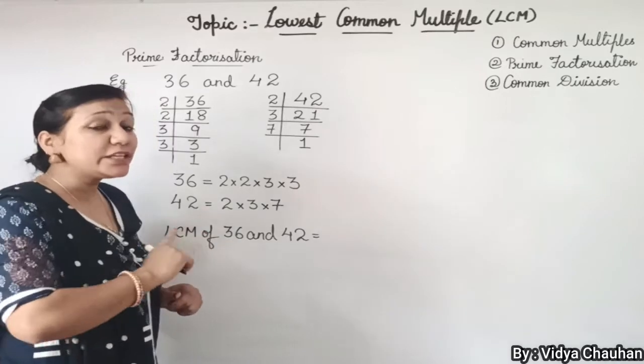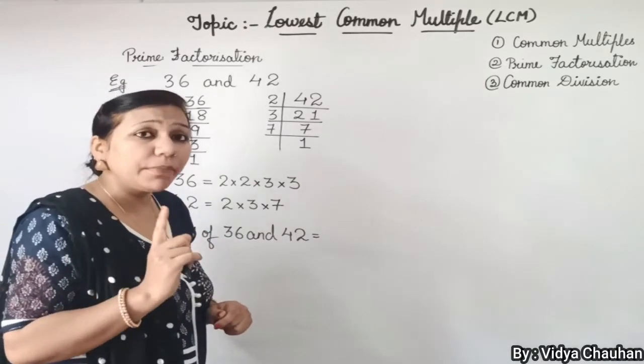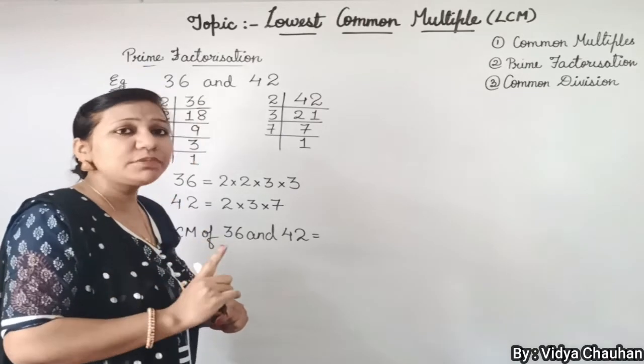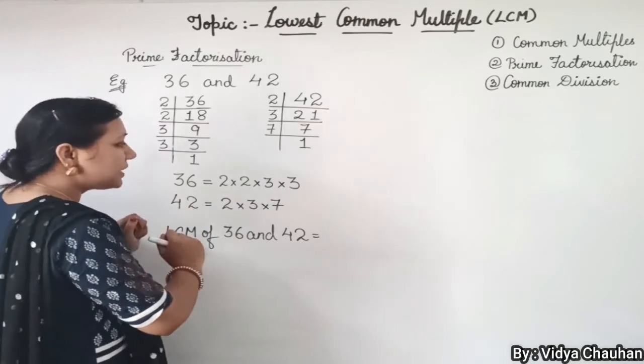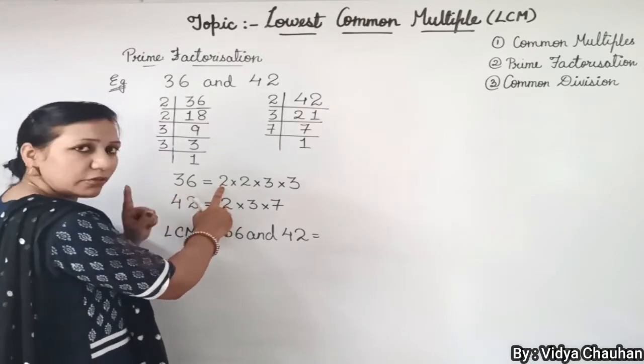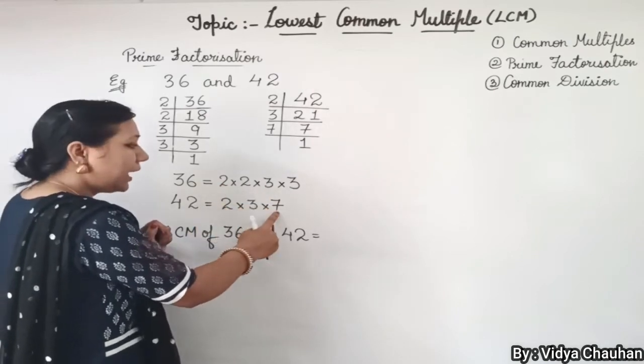Here we will write all the multiples, and we have to write the maximum number of times that multiple is coming up. For example, what are the values available here? That is 2, 3 and 7.